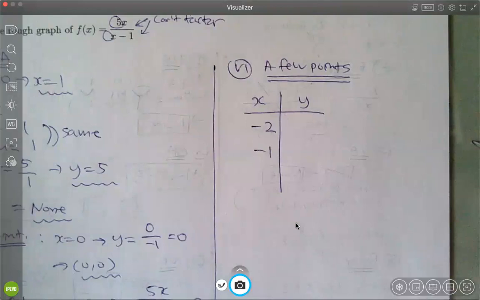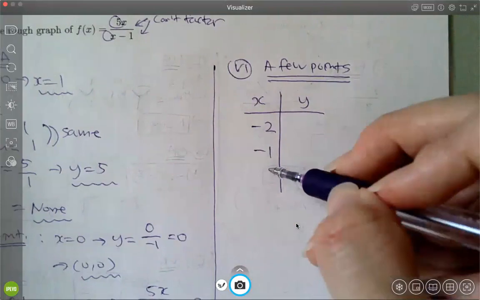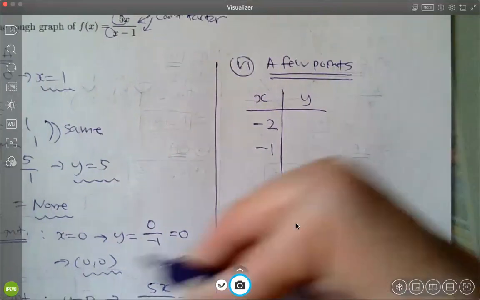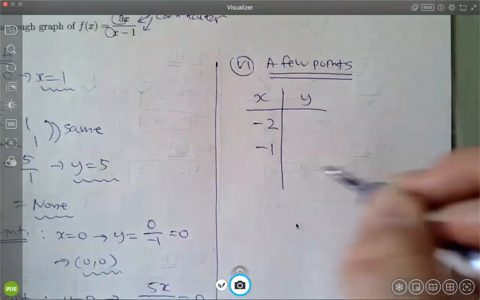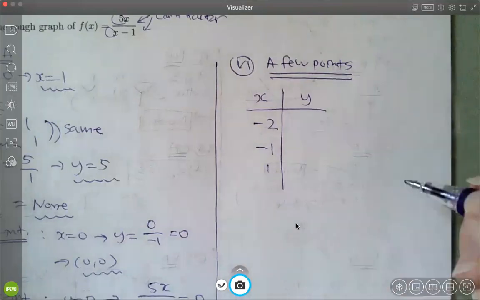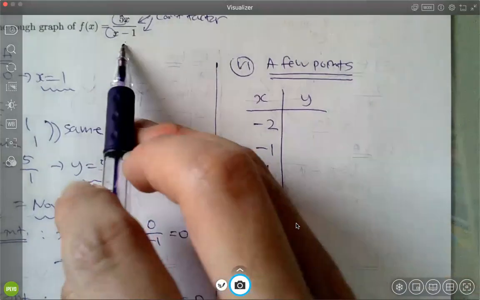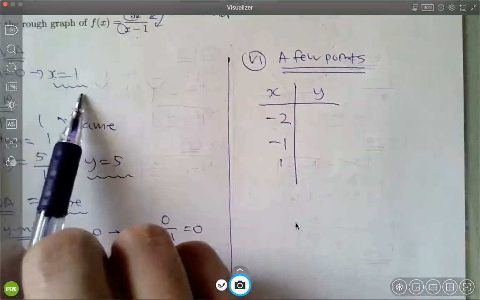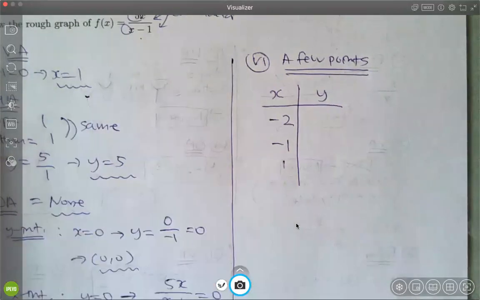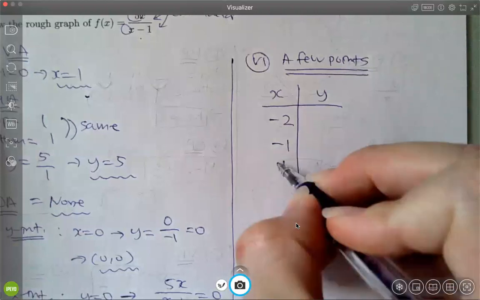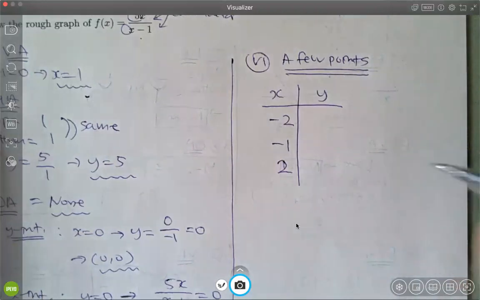Now, you can plug in 0, but what do you expect to happen? 0, right? Okay, so 0 is meaningless. Now, you can try 1, but what's the problem here? When x is equal to 1, you have a 0 denominator, right? And we already got that x equals 1 is the vertical asymptote. Okay, so you cannot put 1, so you have to put 2. And maybe one more, 3.